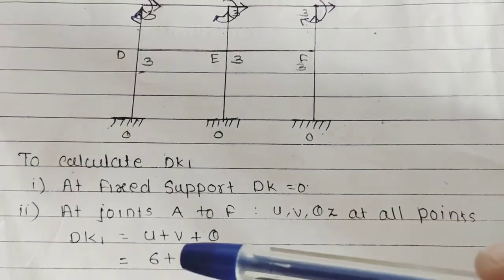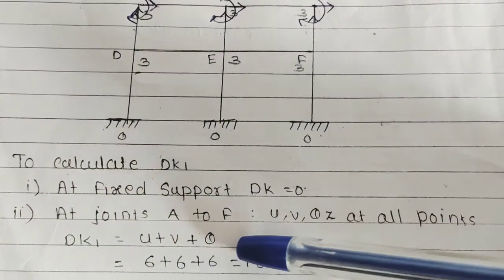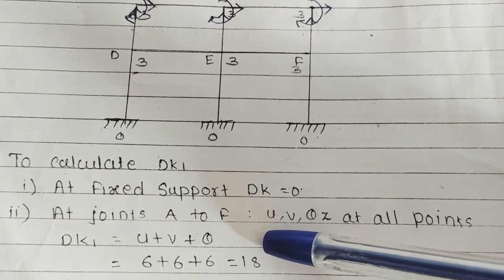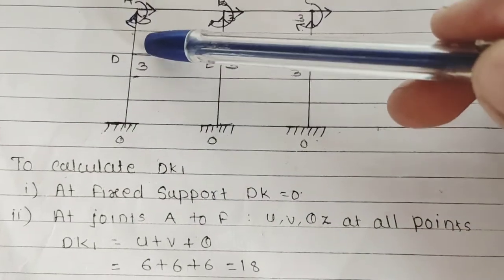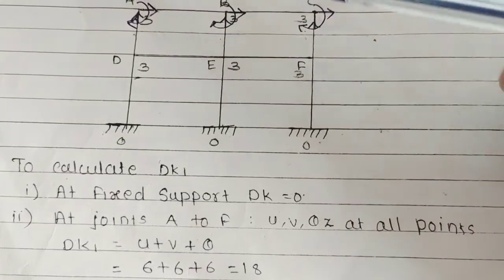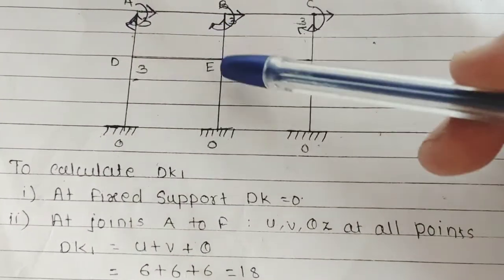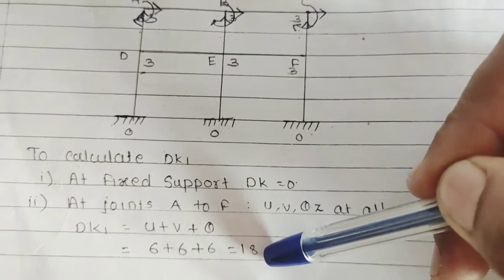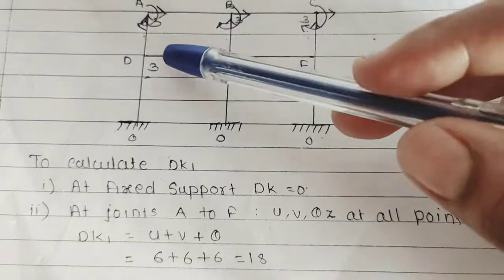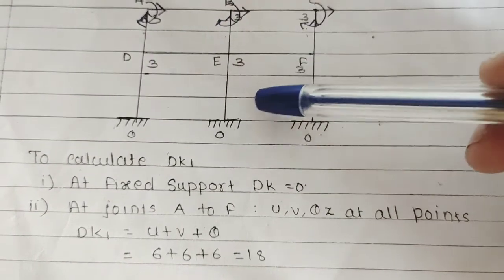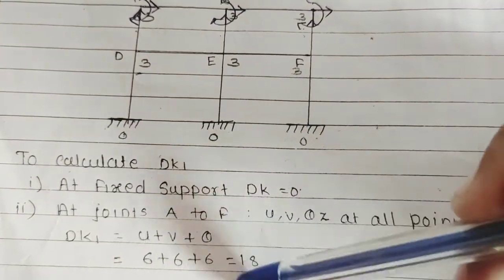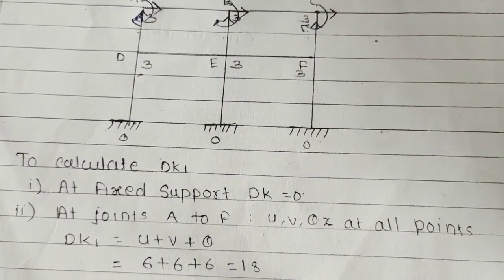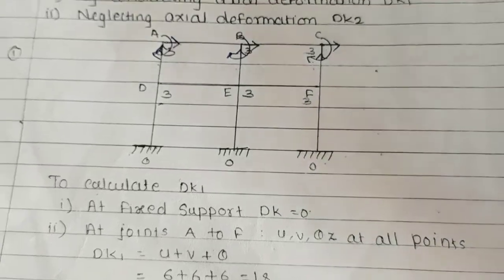Hence dk1 is equal to u plus v plus theta, means all horizontal, vertical and rotational displacements. Here 3 plus 3 plus 3 plus 3 plus 3 plus 3 is equal to 18. Means you count the degrees of freedom for all these joints, that is 18, and that 18 is the degree of kinematic indeterminacy with axial deformation.